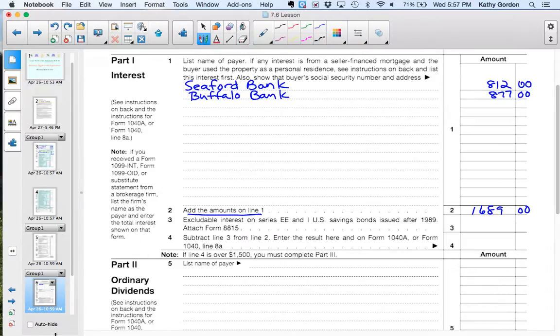And then it says in number 3, excludable interest on Series EE and I U.S. savings bonds issued after 1989. No information about that, so that'll just be 0. And then for number 4, we subtract line 3 from line 2. So we're still at 1689. And then it says this is going to be entered on Form 1040A or Form 1040 for line 8A.